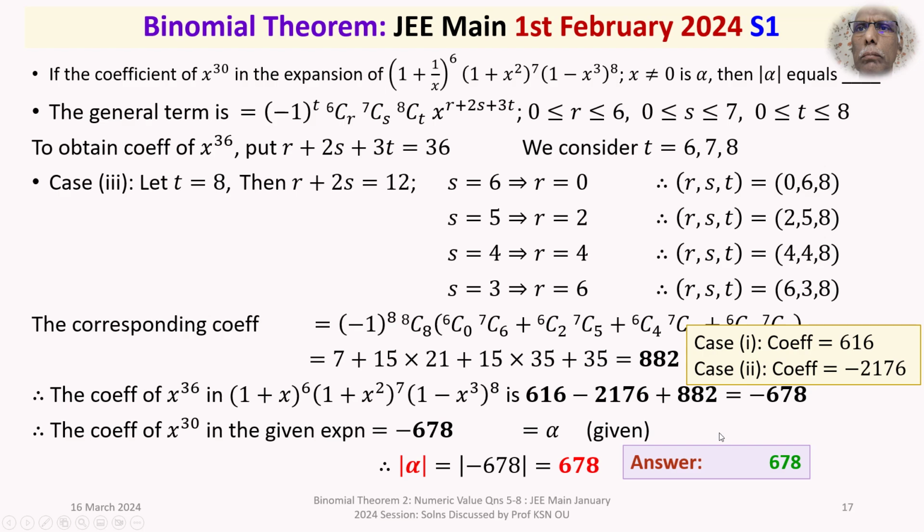So the answer to this question is 678. So that is the discussion of the solutions of the 4 numeric value questions from the section Binomial Theorem that have appeared in the January 2024 session of JEE Main Examination.